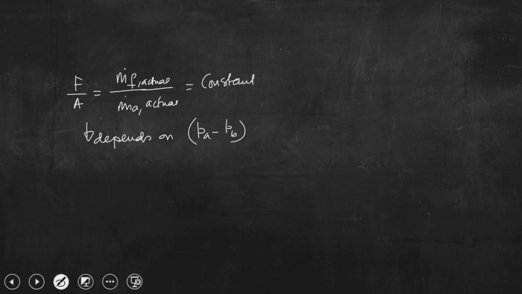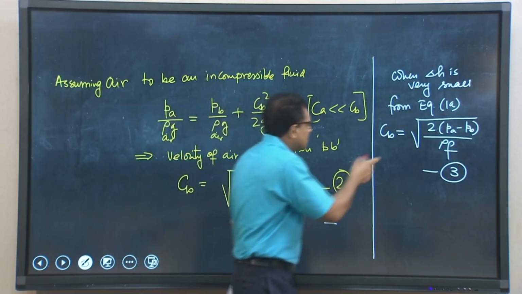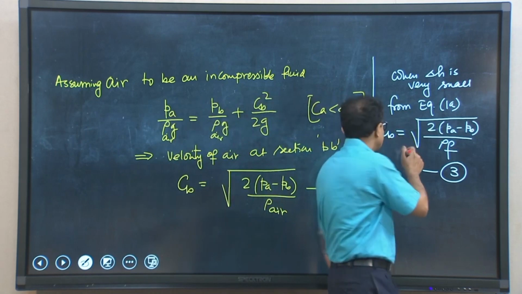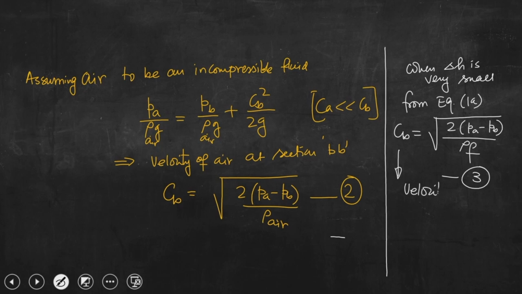right. So, this is P A minus P B because you can see that C B, the velocity of air at section BB, also depends on P A minus P B. So, the higher the pressure drop, the higher will be the air velocity, and the higher the pressure drop, the higher would be the velocity of fuel at section BB, right.